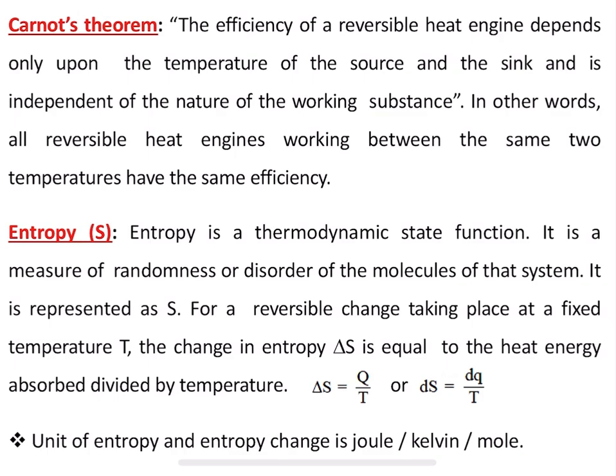For example, a mercury thermometer depends on the expansion of mercury, whereas Lord Kelvin defined a temperature scale which was independent of the nature of the substance. It depended only on the working temperatures of the source and the sink, and not on the nature of the working substance. This is called the thermodynamic scale of temperature.